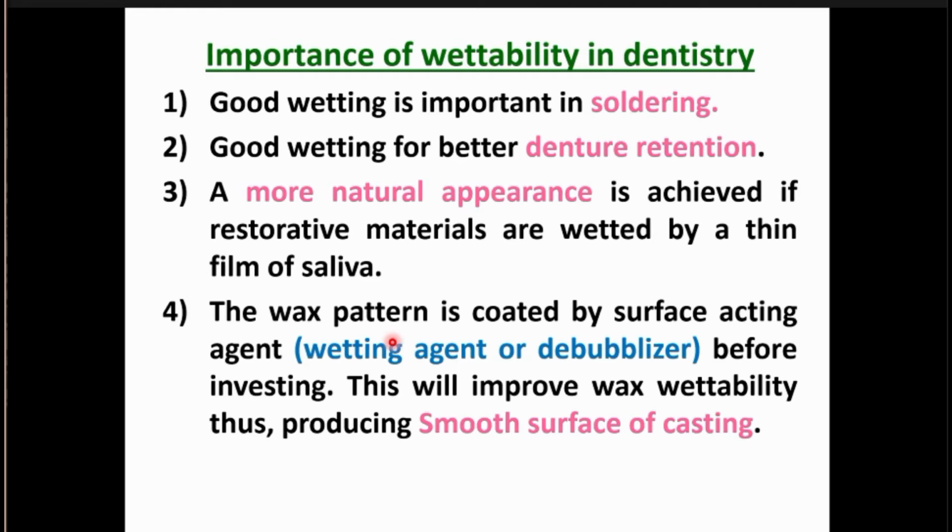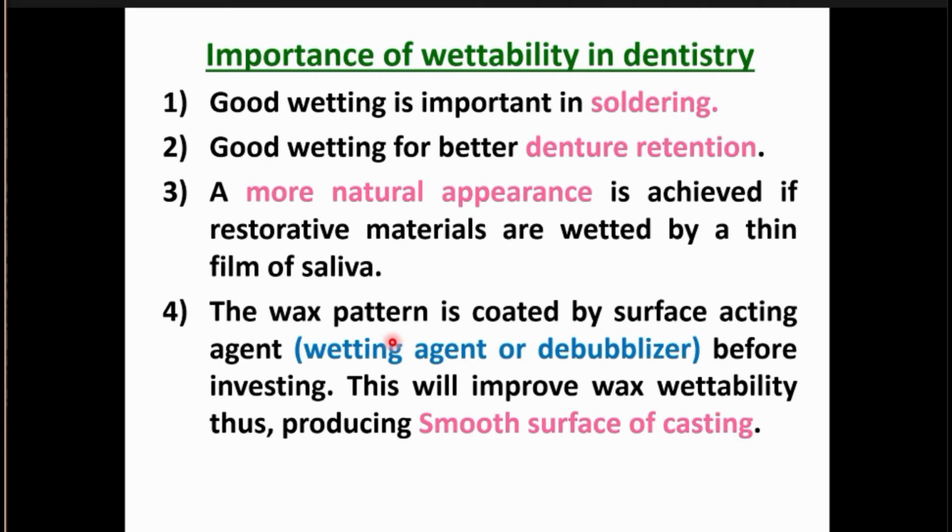For example, if a patient's mouth is dry, the denture will not adhere to the tissues. We get a more natural appearance when the surface is wet with a thin layer of saliva. Therefore, when we compare tooth color, we use a wet surface because it gives us a more natural appearance.